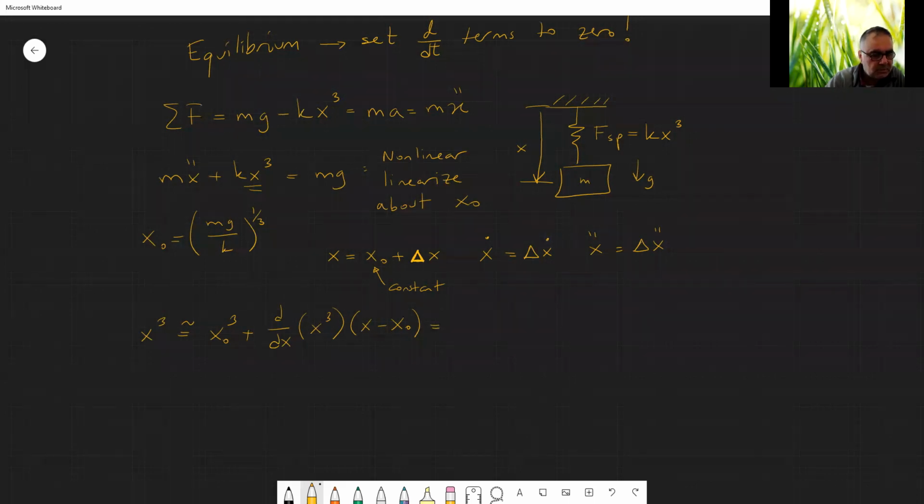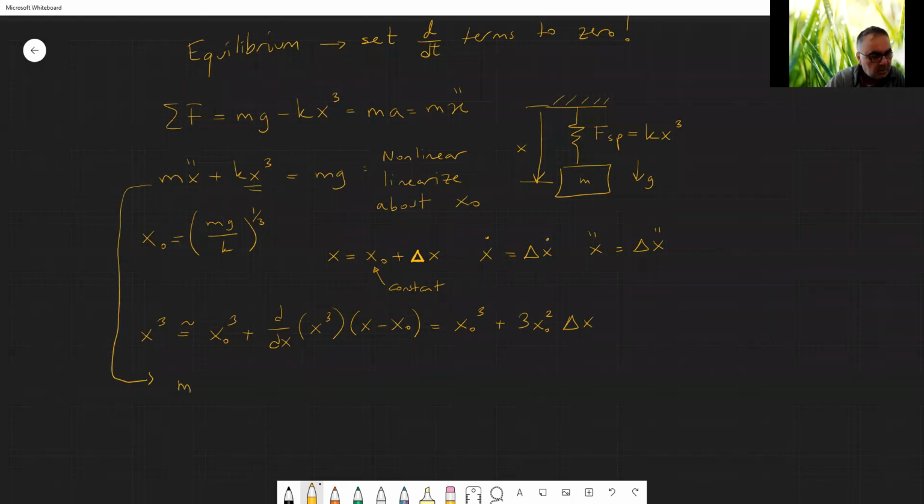So we can write this as x0 cubed plus 3 x0 squared delta x, right? So this is the equation. Let's put it into here.